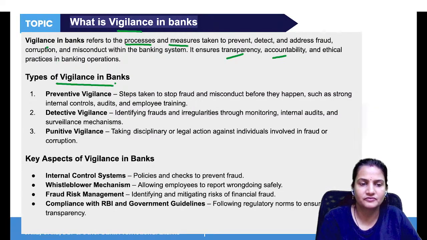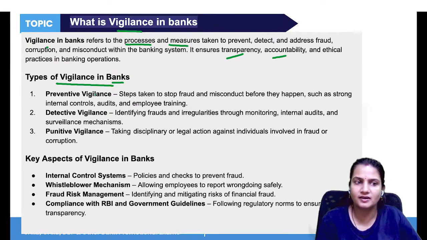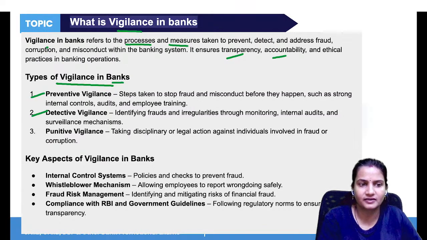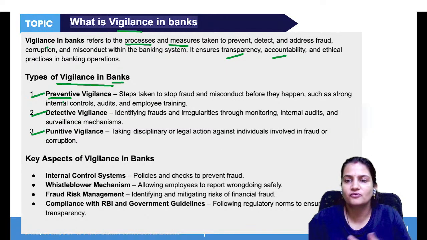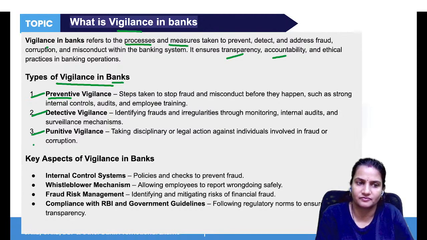Now we have different types of vigilance in bank. So preventive vigilance is there, detective is there, punitive is there. Now preventive means you are taking preventive measures before something happens. You know that this fraud is going to happen in future, so before that you are taking the action. That is called preventive.